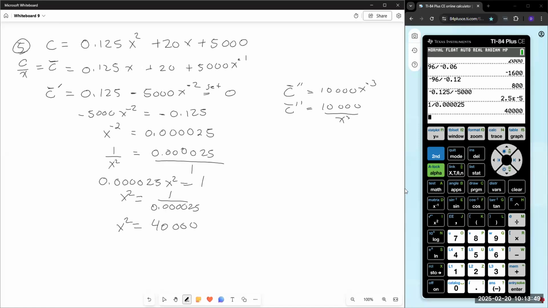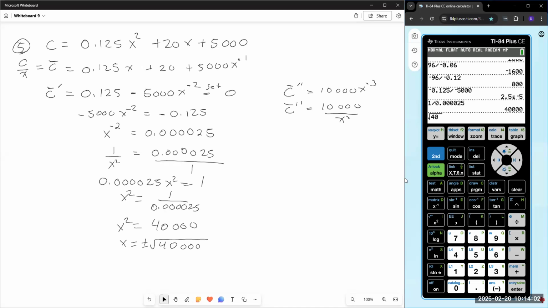And I want the square root of that, which is 200. Since I'm concerned about production here, I don't want a negative answer for x. X has to be a positive 200.